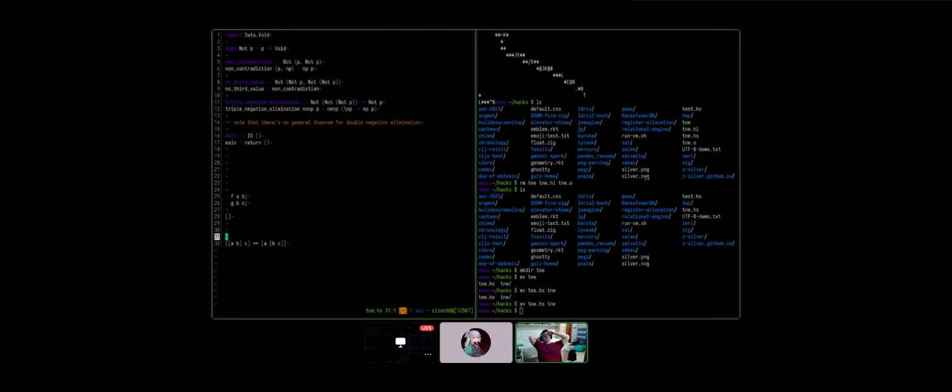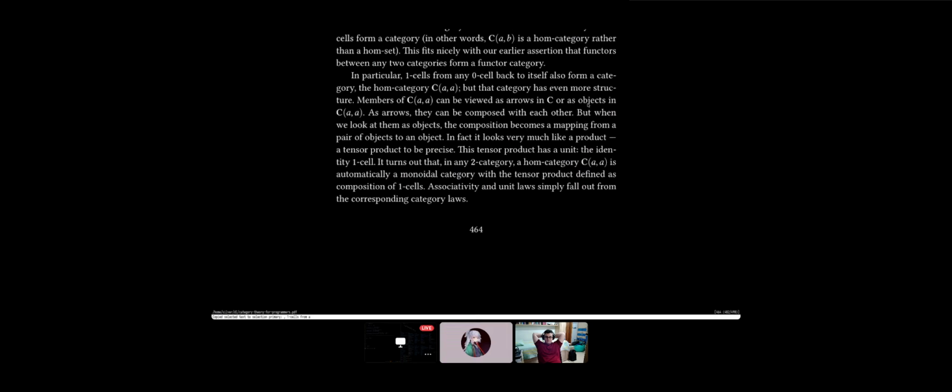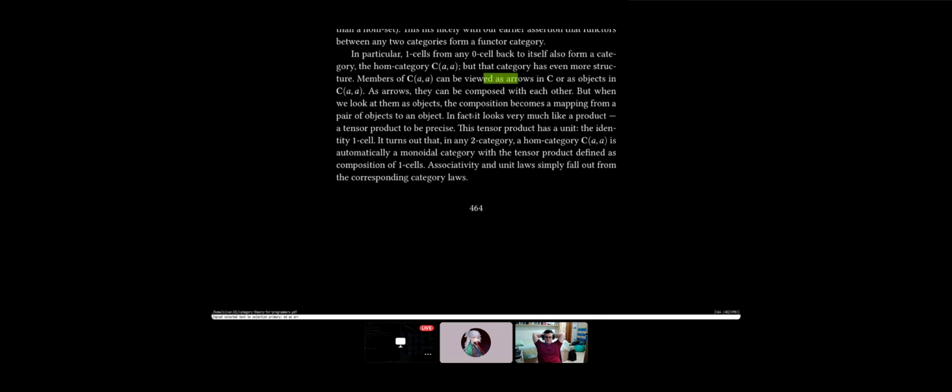Okay, I see the vision. And here we're saying one cells can be viewed as objects, but also as arrows depending on which category you're talking about. But when you look at them as objects, composition becomes a monoidal tensor construction, essentially.